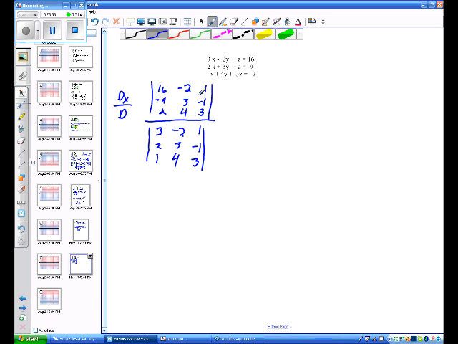Now, I'm just going to do it about this first row. Usually if I don't have a 0, I just go ahead and do it with the first row. So this is going to be 16. Now I'm not going to write the whole matrix that's left. This is our matrix that's left right here when we eliminate the first row and the first column. So what I'm going to do is go ahead and just do that computation.